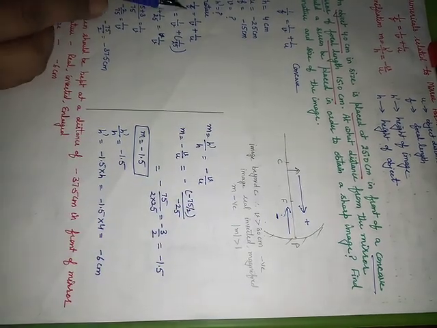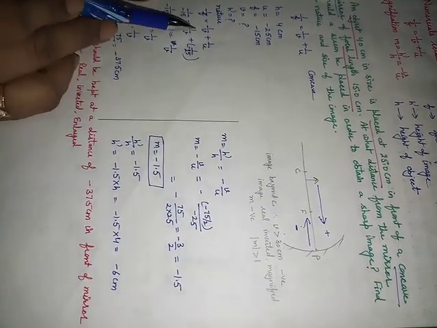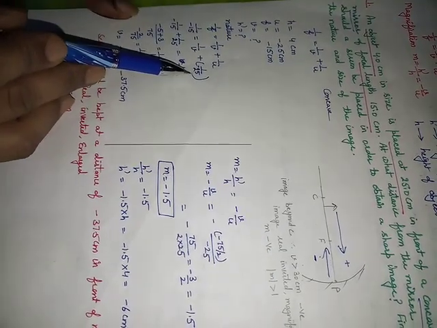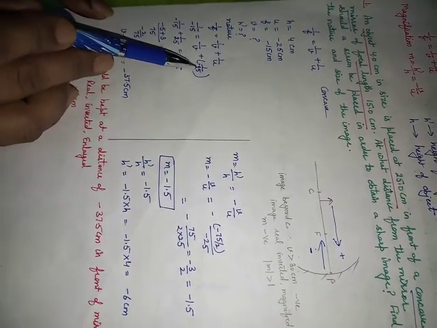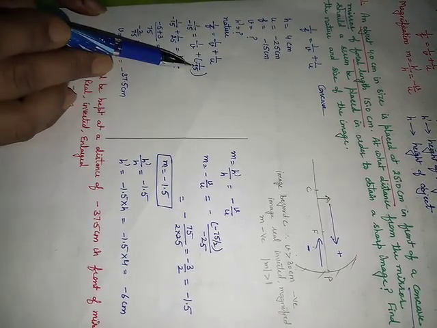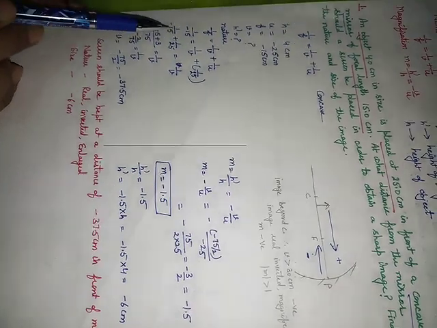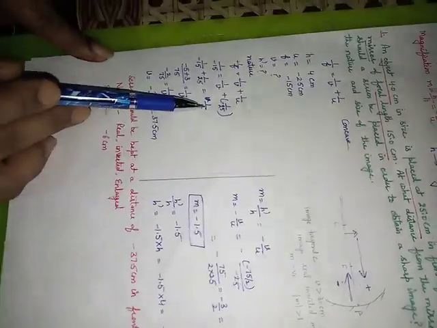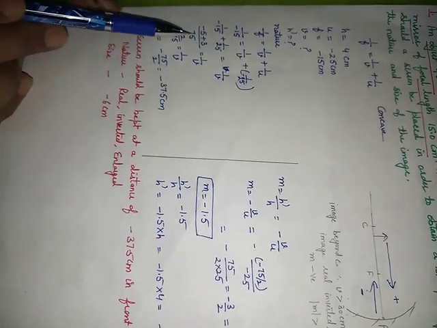So we have written 1 upon minus 15 is equal to 1 upon v plus 1 upon minus 25. When you shift 1 upon minus 25 to this side, it will come with a positive sign. So we are left with 1 upon minus 15 plus 1 upon 25 is equal to 1 upon v. The LCM of this will be 75.